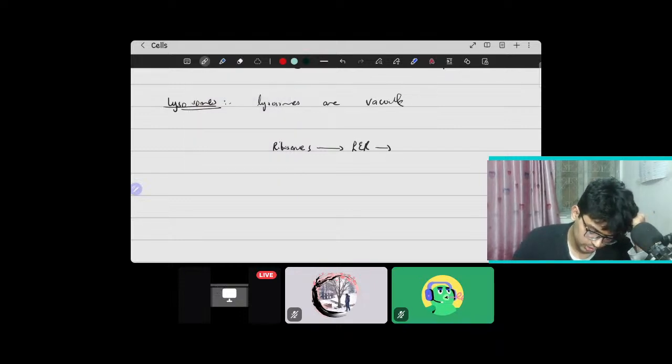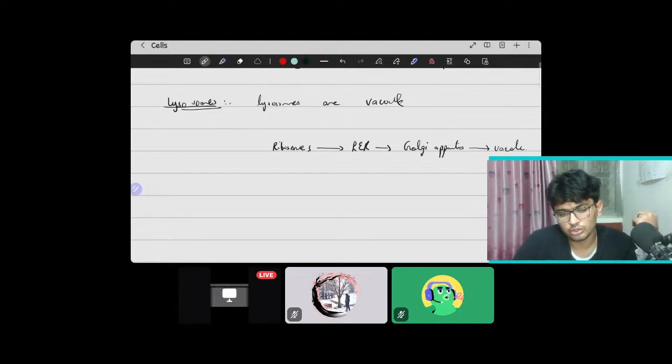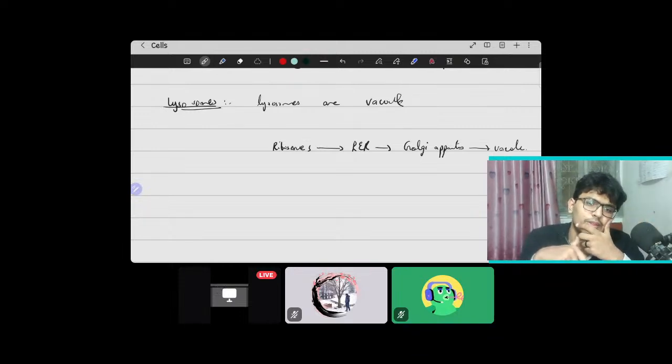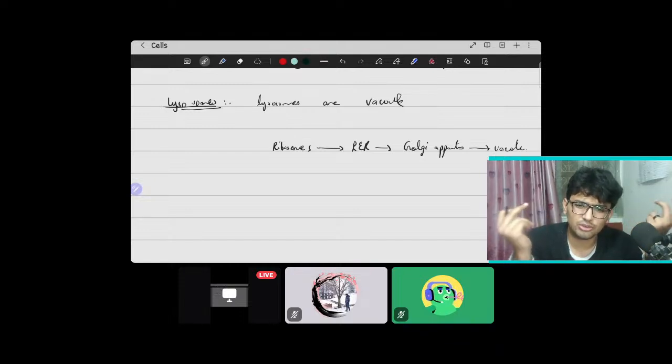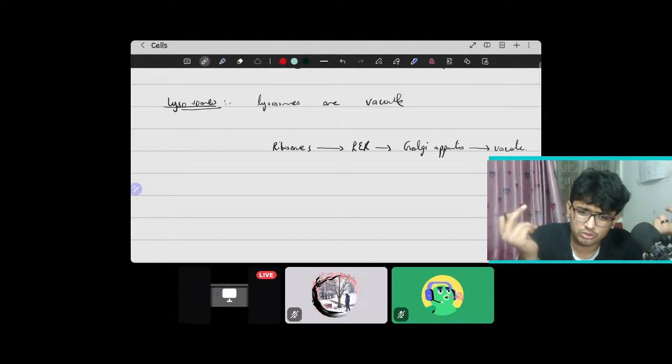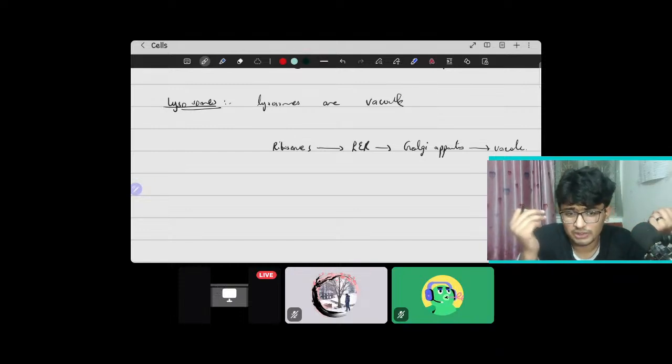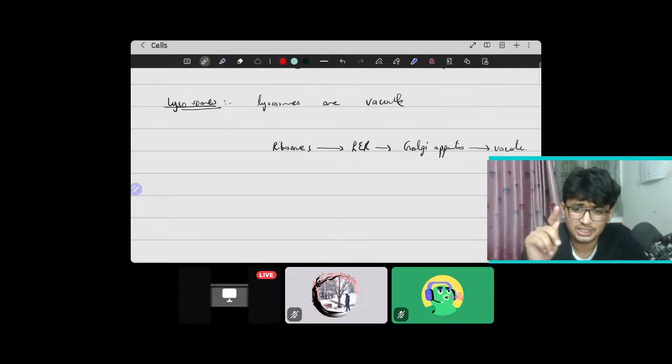Rough endoplasmic reticulum, then Golgi apparatus or Golgi body, and then vacuole. So lysosome follows the same path because it contains proteins. It is a vacuole, but hold on. Why is there a different name for it? Because it has a specific function here.